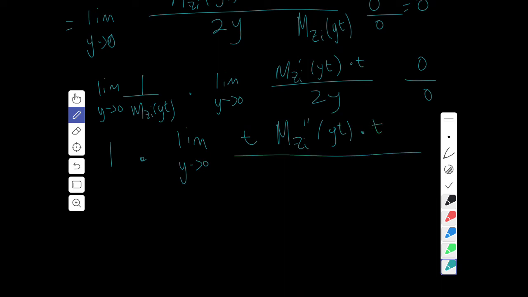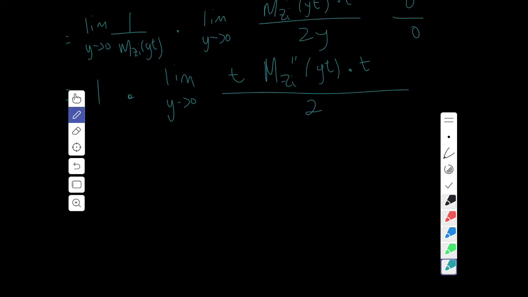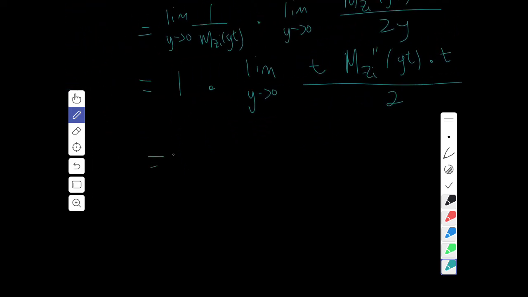Okay, so that's the numerator. And then the bottom, the derivative of 2y with respect to y is just 2. Now we're getting very close to what we need, because now this is just the limit as y goes to 0 of t squared multiplied by zi double prime of yt over 2.